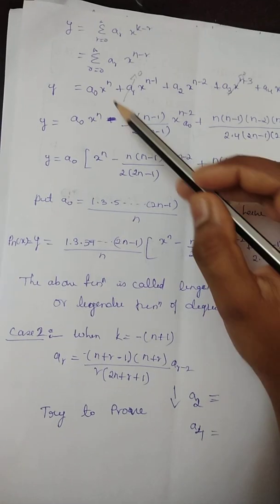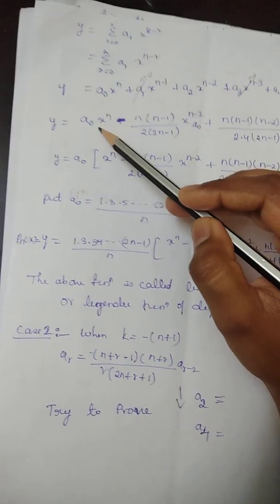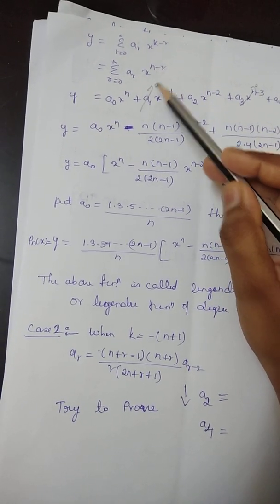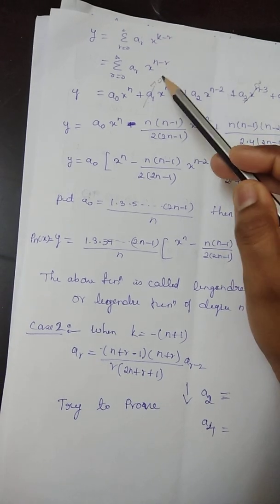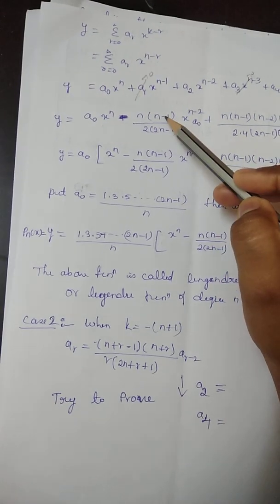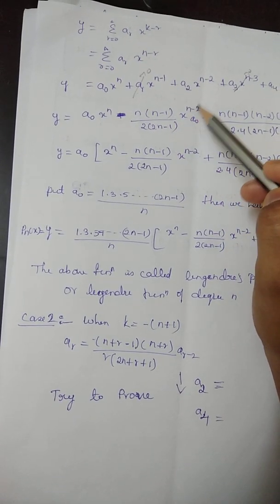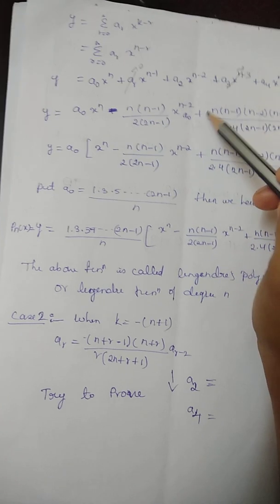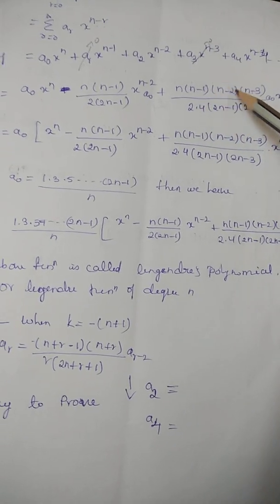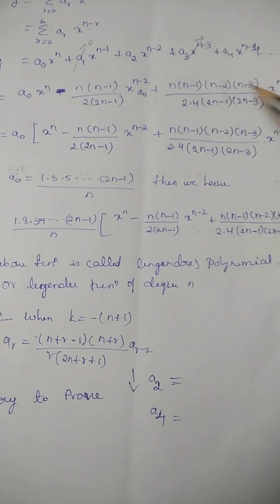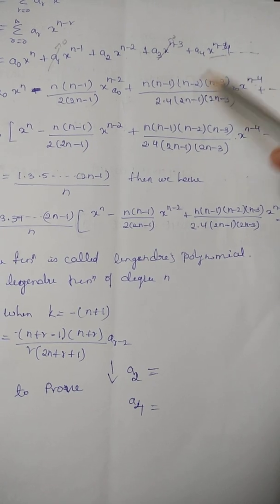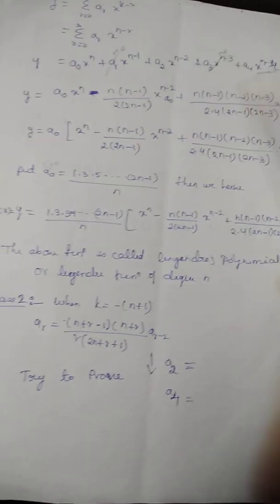Now let us put a0 x raised to n as it is. Now this value a1 we got already 0, so no need to substitute. a2 value we have to substitute, minus of n into n minus 1 upon 2 into 2n minus 1 x raised to n minus 2 into a0 plus this 0. So a4 value will substitute n into n minus 1, n minus 2, n minus 3, and so on, and this is a0 here, x raised to n minus 4, upon this value.